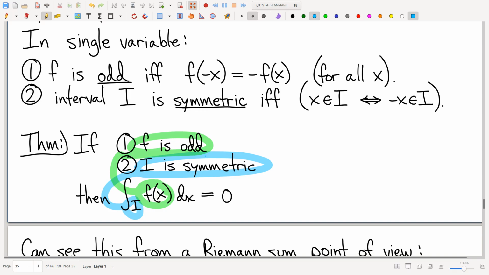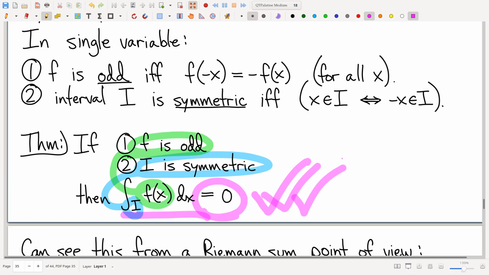If these two conditions are both given, this integral is 0, and you don't have to find any antiderivatives at all. No integrating. It's a massive time saver when it comes up, okay? Which in single variable calculus is not that much.